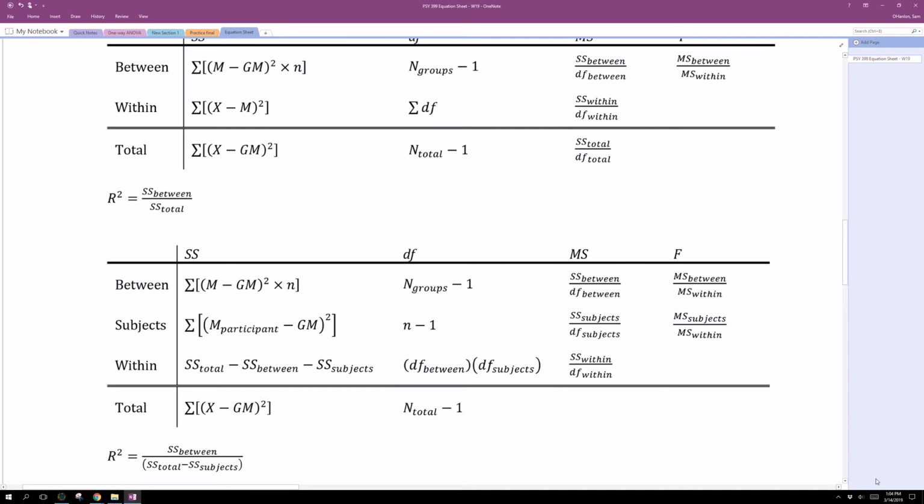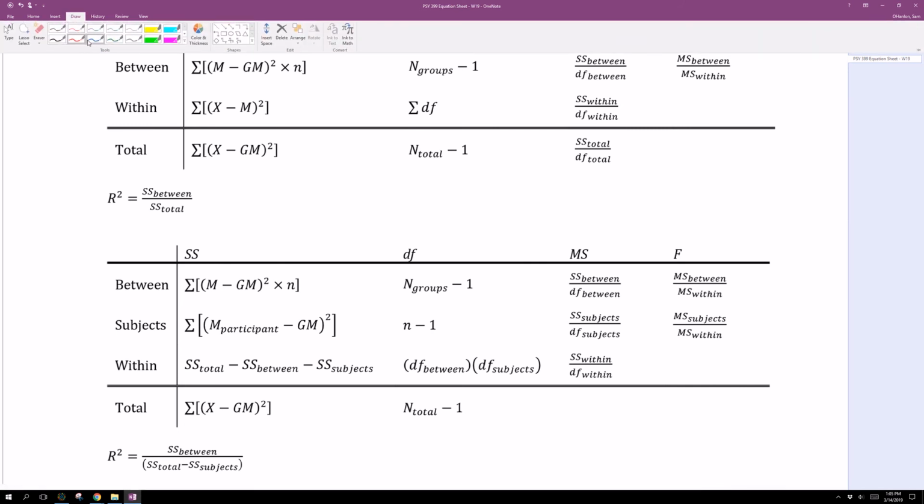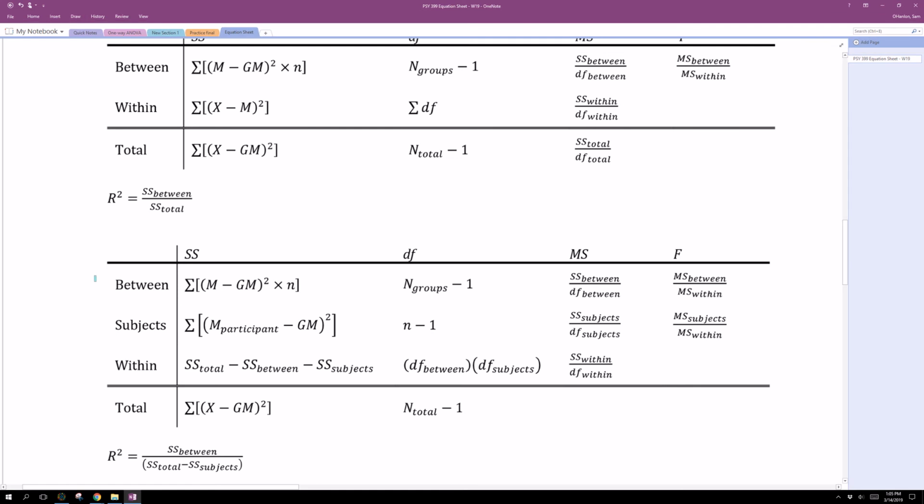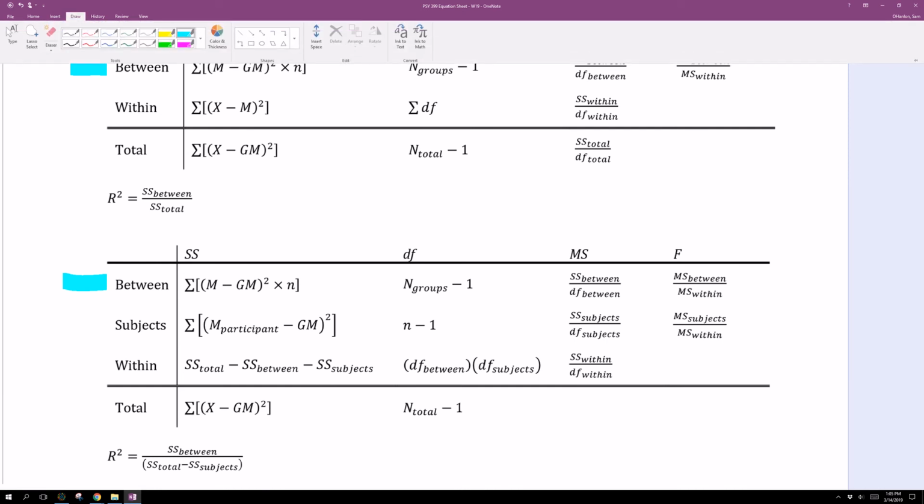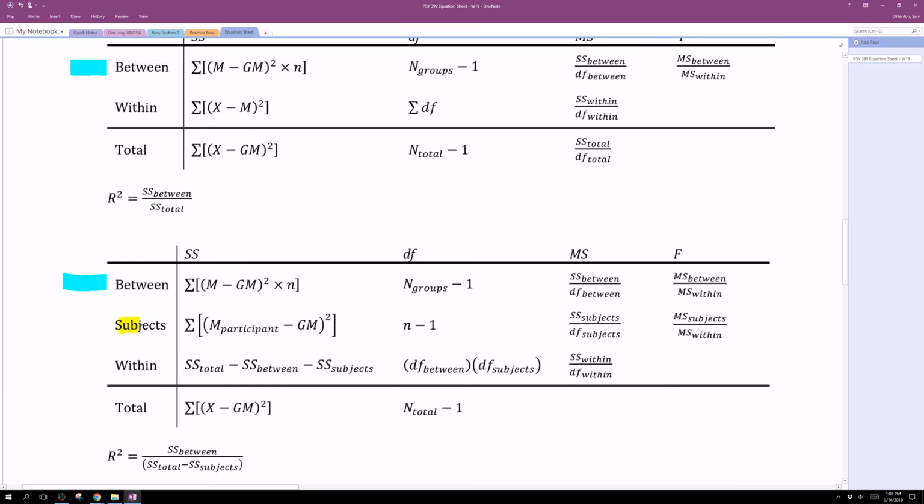Okay, now on to the equations for the one-way within groups ANOVA. If you look at this row, you will see that it is exactly the same as this one. Now, the way that you know that you have a within groups ANOVA is that you have a row for subjects, right?